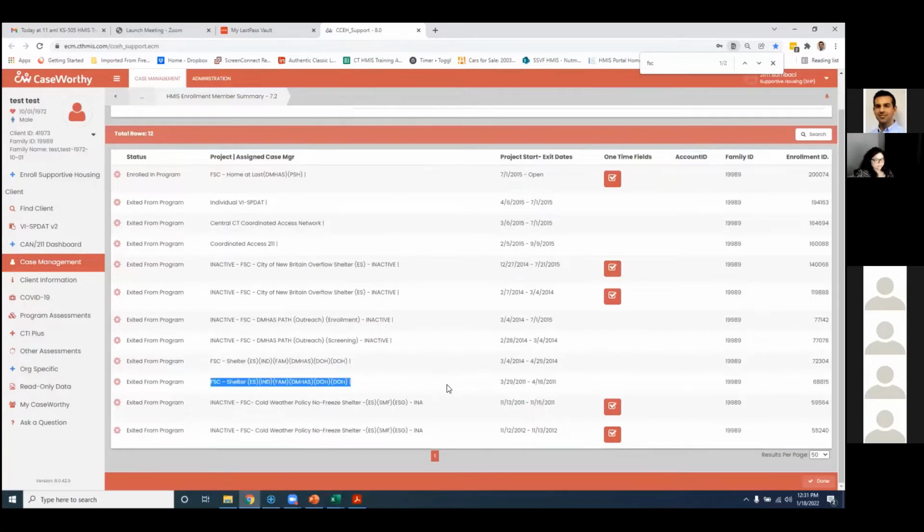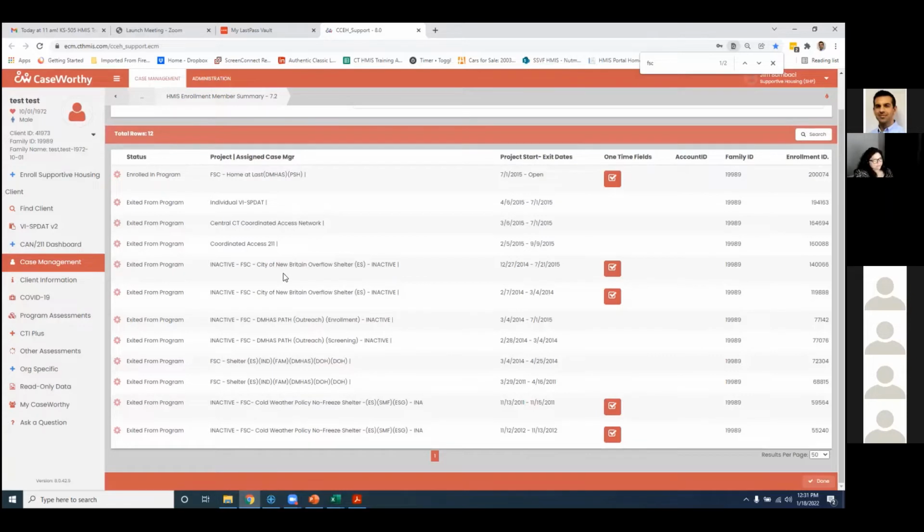And if I go back even further, I see they have a homeless history that started in 2011 based on their emergency shelter activity. So you can be pretty confident, if you look back at old enrollments while trying to ascertain that actual homeless start date, you can see the history.